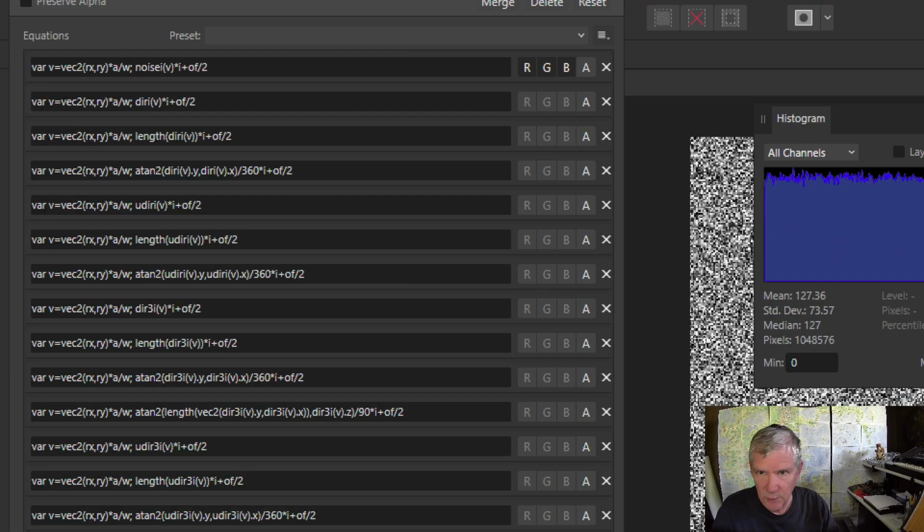I'm going to start with regular noisei, which is the simplest form of noise, and I've got a multiplier on this of I, and I've got an offset of OF over 2 added to this, and that'll allow me to add a plus 1/2 to some of these noises. It'll make it work out just right.